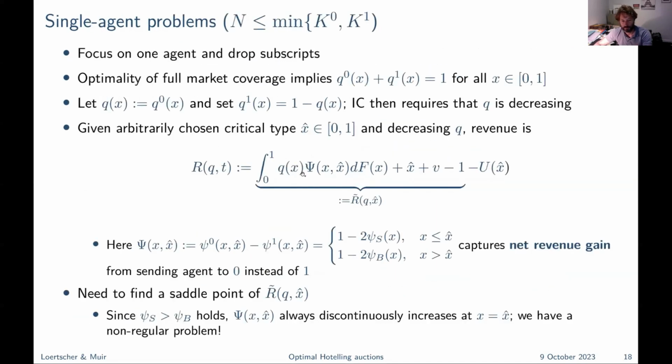So to remind ourselves what we're after, we're going to transform this psi here into a psi bar such that the pointwise maximizer is going to satisfy the monotonicity required by incentive compatibility.